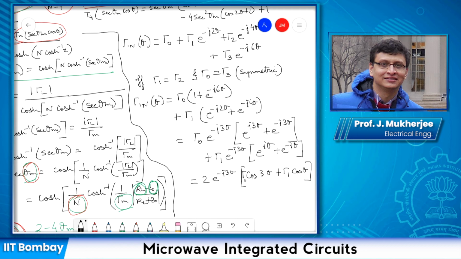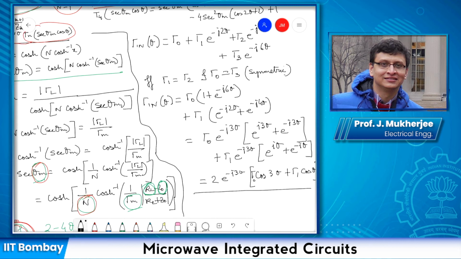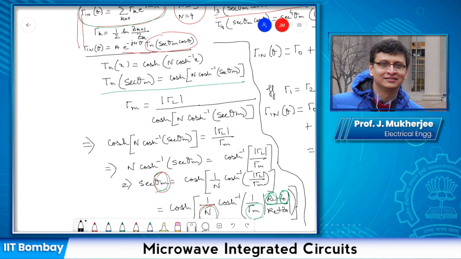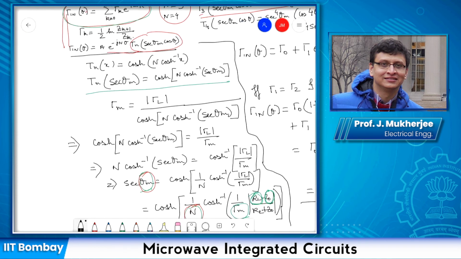So this is the value of gamma in from the multi-section transformer theory, and the value of gamma in from the Chebyshev prototype function is this one.